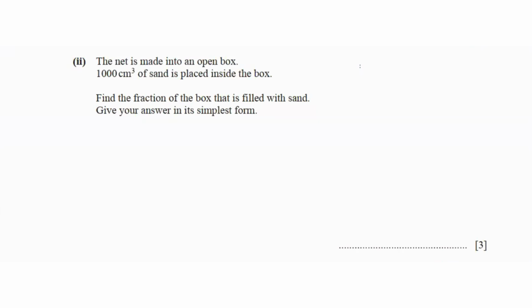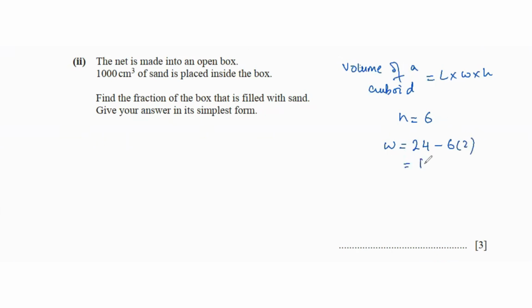Since this is a rectangular box, the volume of a cuboid is length times width times height. Height over here is going to be 6, which was the value of x. For the width, we know that the width would be 24 minus 6 times 2, which is going to be 12.